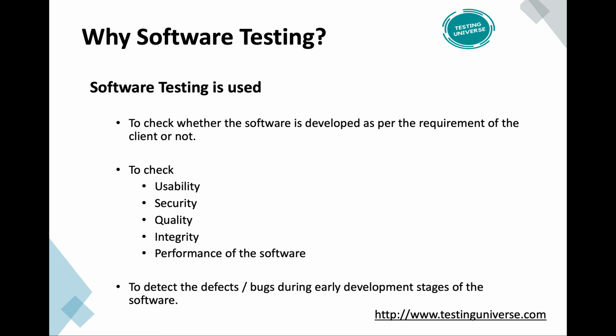All right. So as we have already discussed, software testing is used to check whether the software is developed as per the requirement of the client or not. It is used to check usability. If we deliver the software to the end user, when he starts using it, whether it is user friendly or not.